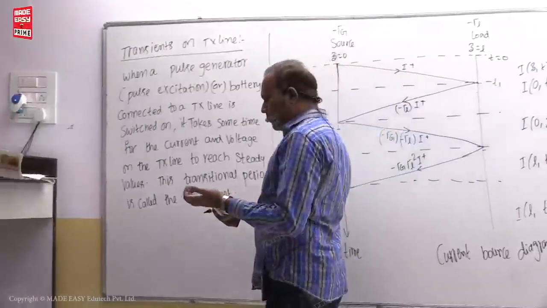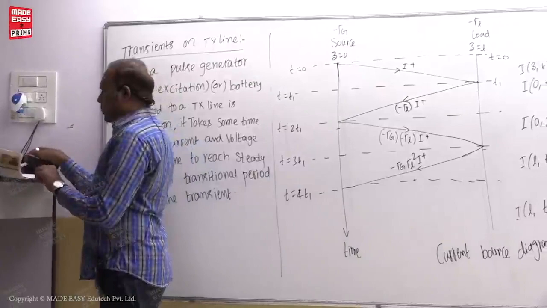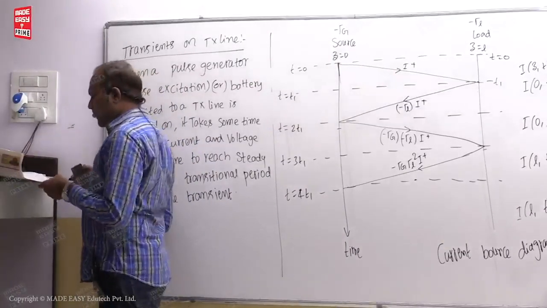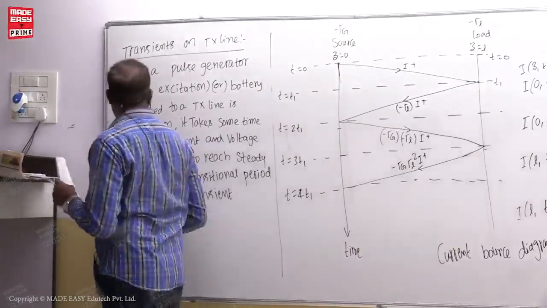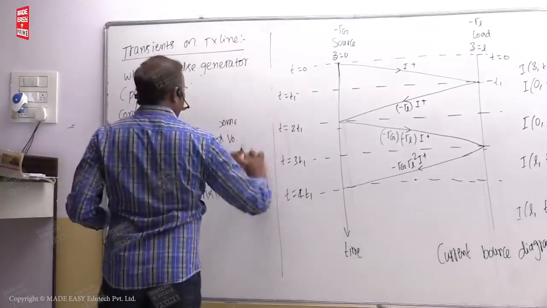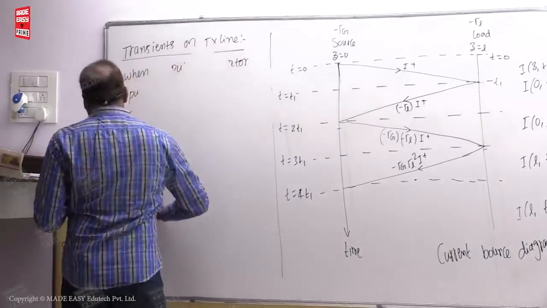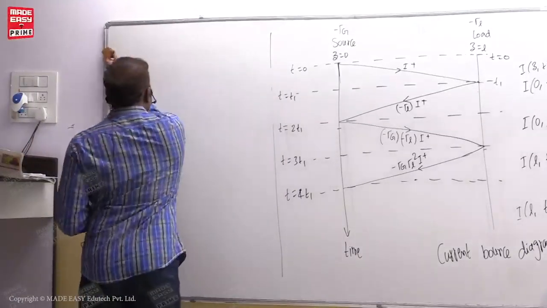Okay, now you see this question. This question is given like this. One question is given here, that is question number 30.